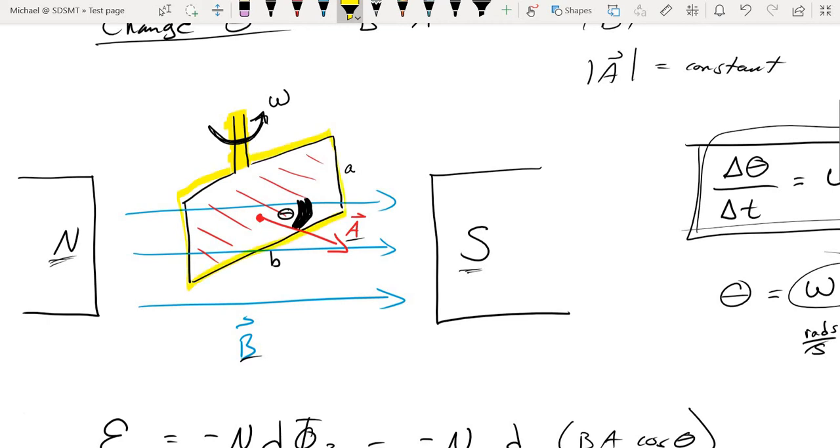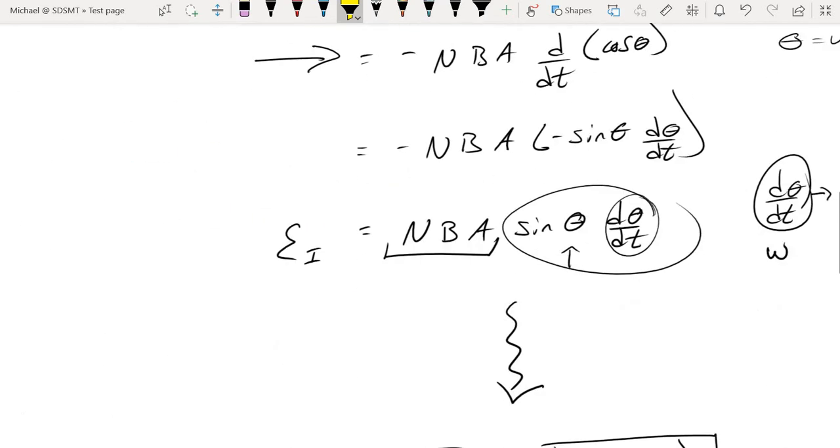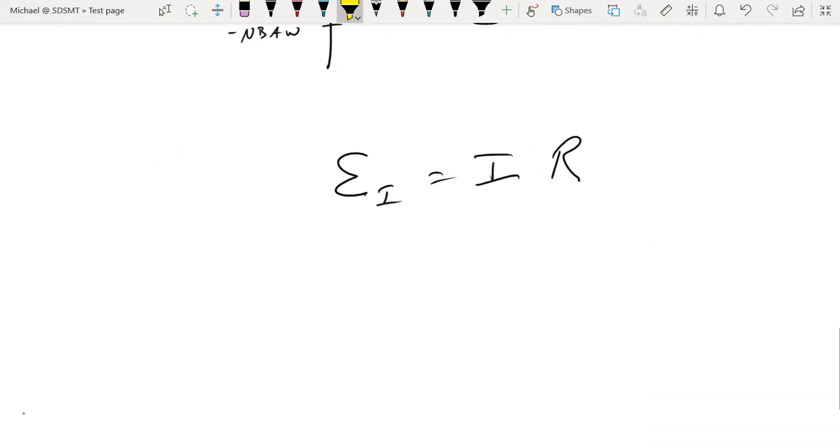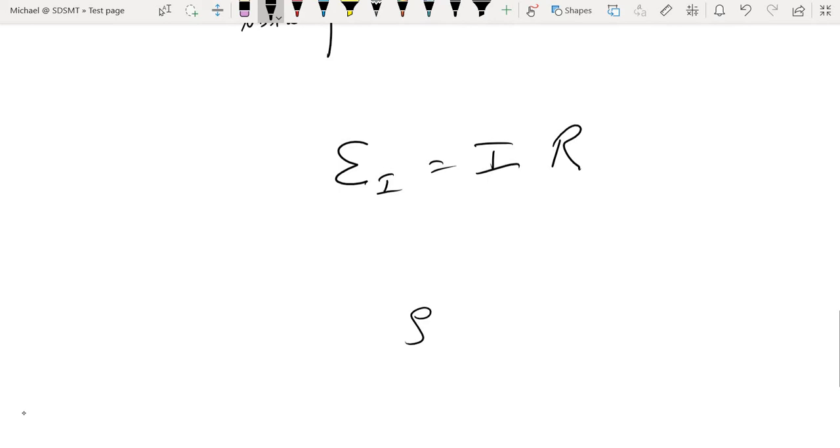So the coil has some resistivity value associated with it. Maybe it's made of copper. The length of the wire that's used to make that coil, the thickness of the wire itself. So these are both values of the wire. Those are what dictate the resistance of that coil.